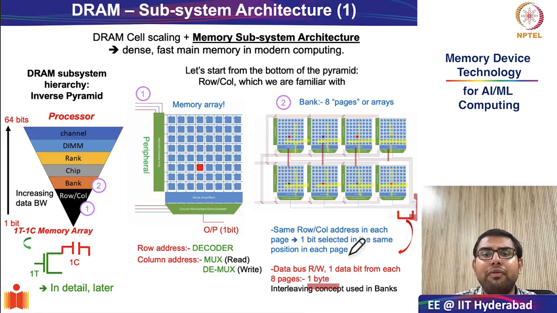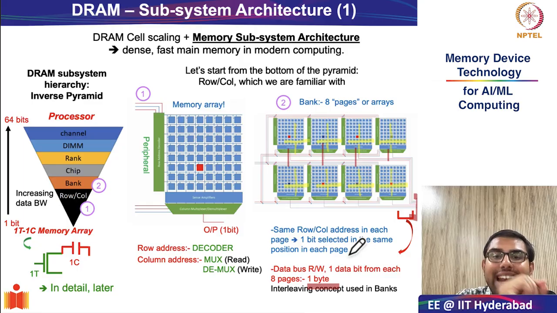Because of a very interesting concept that we will introduce in the next slide, that of interleaving. So as we have just spoken, the first element is the memory array. From each memory array, only one bit is selected. 8 such memory arrays or pages constitute one bank.